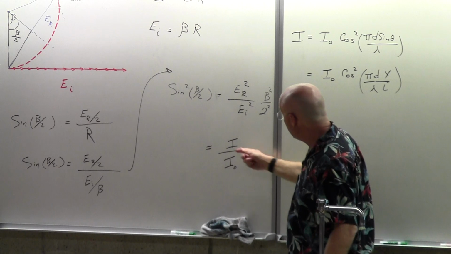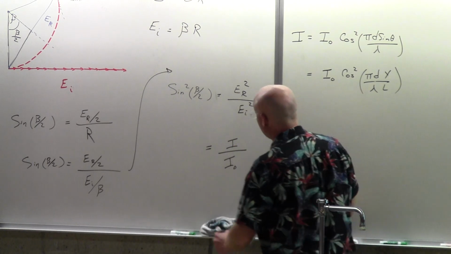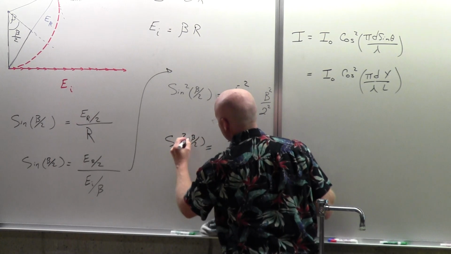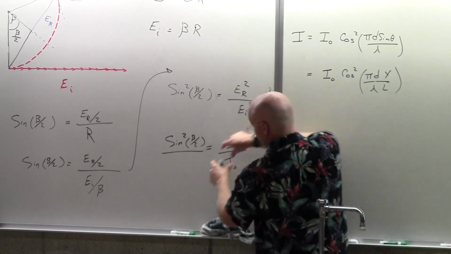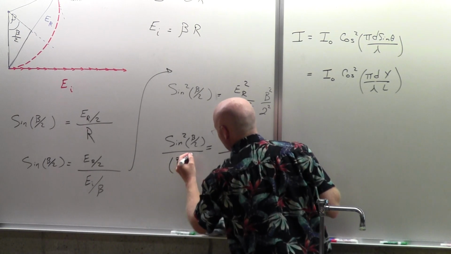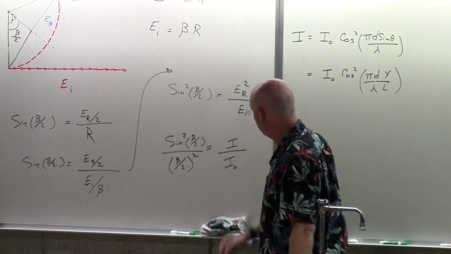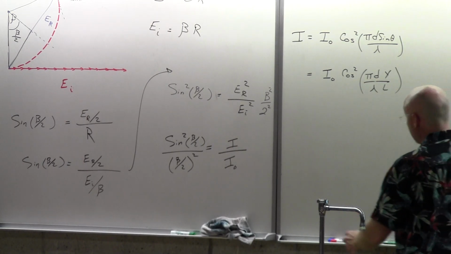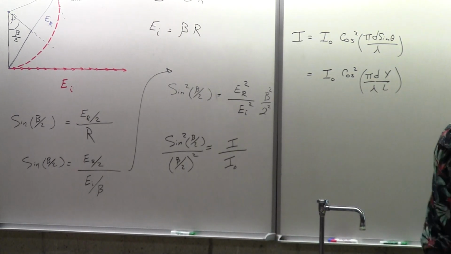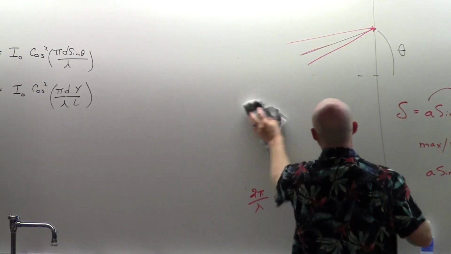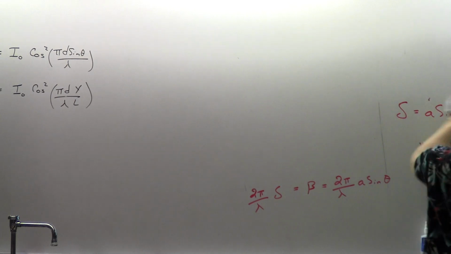So that ratio must be equal to sine squared beta over 2 divided by, and I'm just going to bring this over. And in fact, so that they look identical, I'll put the beta over 2. And so the result that we get, and maybe I can clear this up now, but maybe I'll leave this equation down here at the bottom.